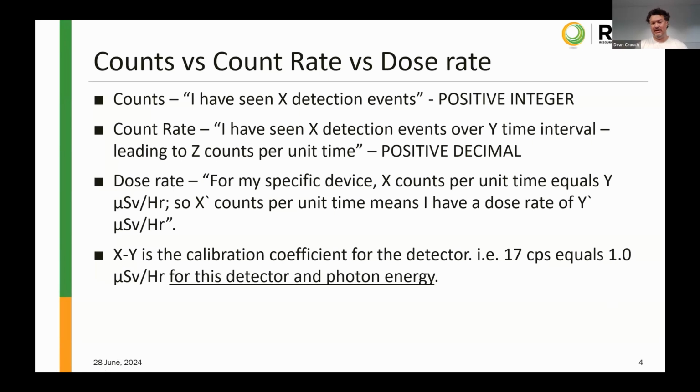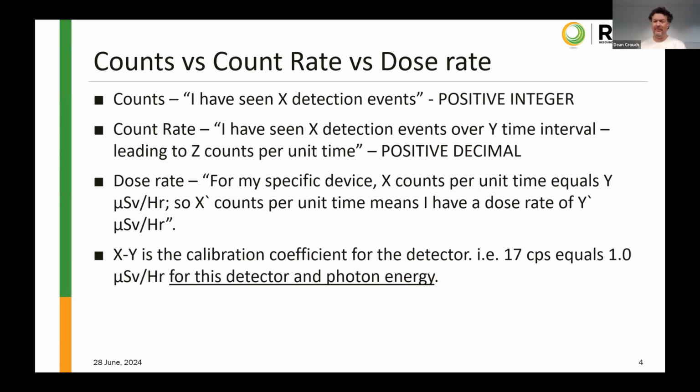Count rate: the question would be, I've seen X detection events over Y time interval. Again, it must be positive, but this time you can have a decimal. This positive integer, positive decimal distinction will be important later. And then dose rate is usually what we're interested in. If you're looking at high dose rate areas, X number of counts per second is Y microsieverts per hour, and that is very specific to that detector and that photon energy.